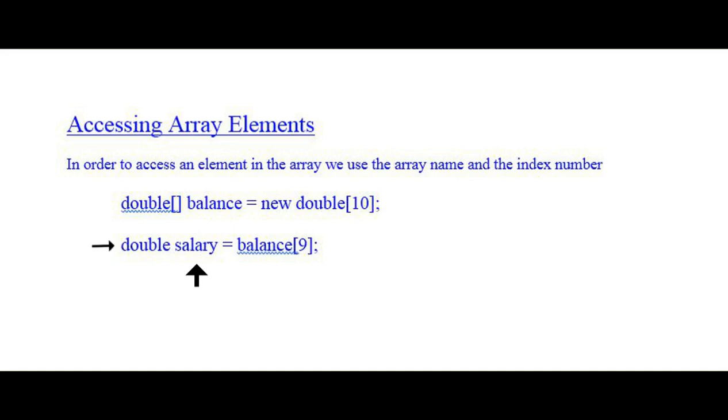We are assigning the value of whatever value sits in element 9 of this balance array to this variable called salary. And because all the elements within the balance array can only be double, when we retrieve the value from the array, we have to assign that value to the same data type. So salary was declared as double.